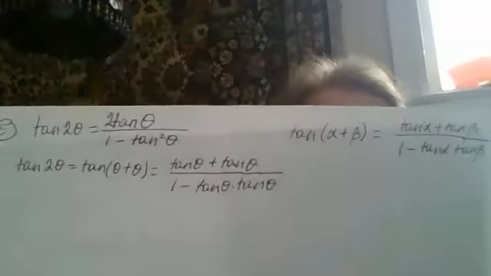Only in that tangent of parenthesis theta plus theta, please treat alpha and beta from the formula for the tangent of alpha plus beta as each equal to that theta. And apply it. And this is what you will get.